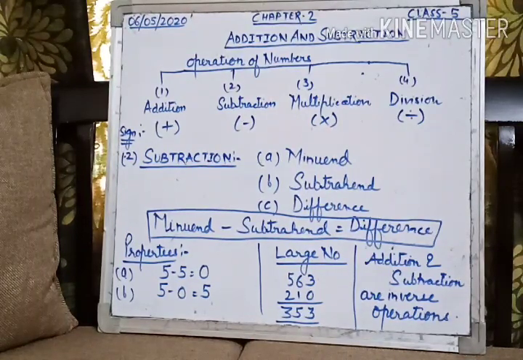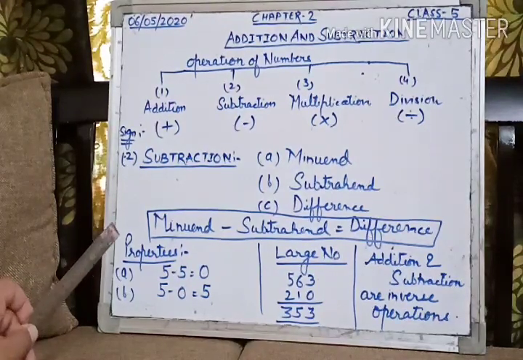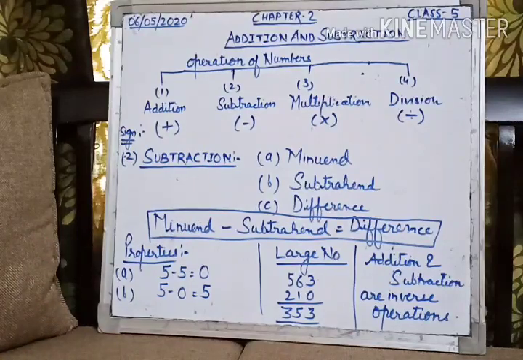Next property is, suppose I have any number as a minuend and I am subtracting 0 from that. That means the subtrahend is 0. So what will be the difference? The number itself will be the difference. 5 minus 0 is equal to 5. It can be any bigger number.